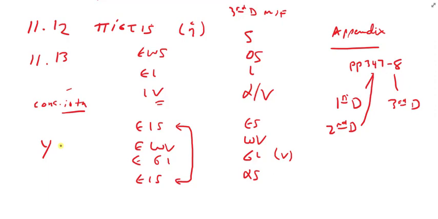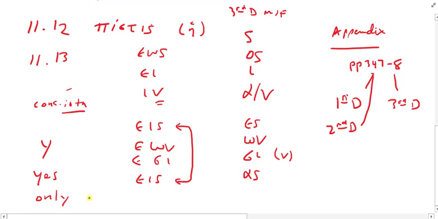Is Y always a consonant? No. It makes a Y sound when it is a consonant, as in yes. But think about the word only, or by. You don't pronounce only as only, right? You don't pronounce the Y as a consonant, you pronounce it as a vowel.